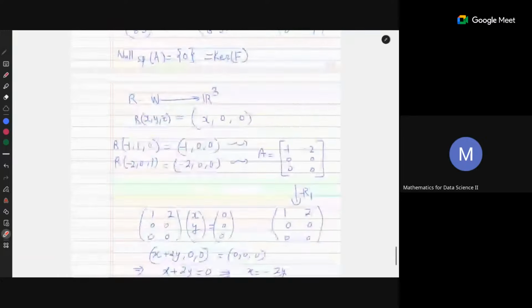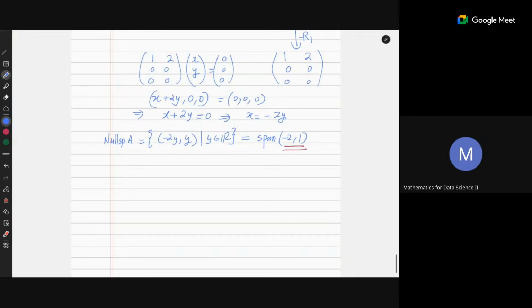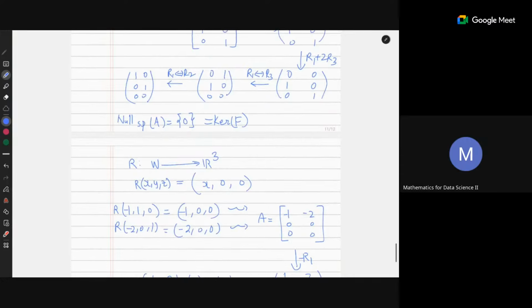What you are getting is the coordinates, basically the coefficients, and you can recover the vector by taking these coefficients and multiplying with the first basis vector and the second basis vector. So the kernel of f is -2 times the first basis, which is -1 0 1 0, and 1 times the second basis, which was -2 0.